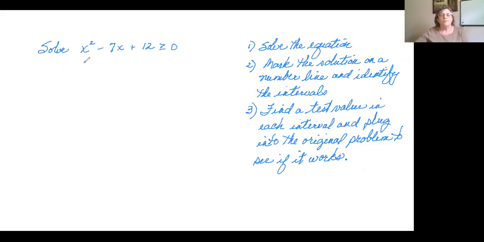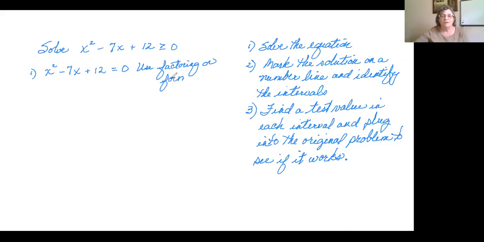So if we look at this problem, x squared minus 7x plus 12 is greater than or equal to 0. First thing we want to do is solve the equation x squared minus 7x plus 12 equals 0. You can either use factoring or the formula.